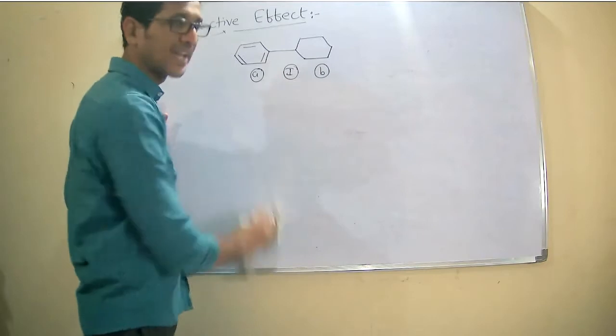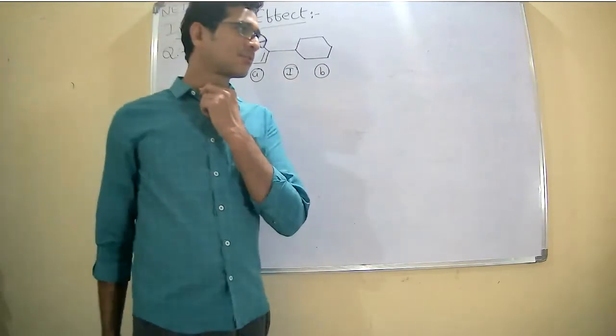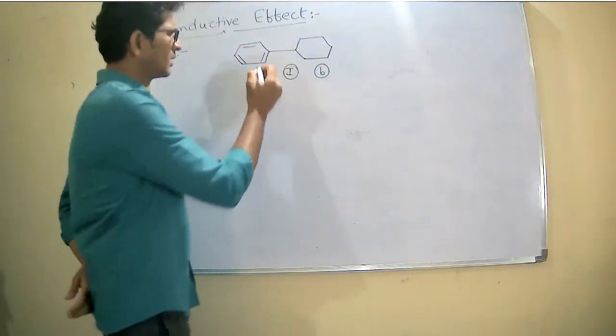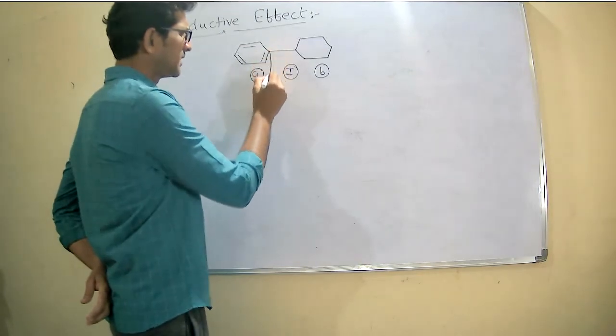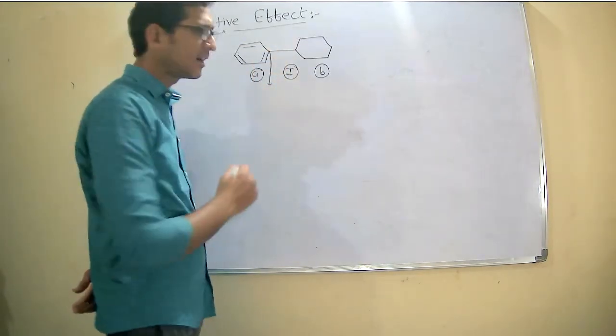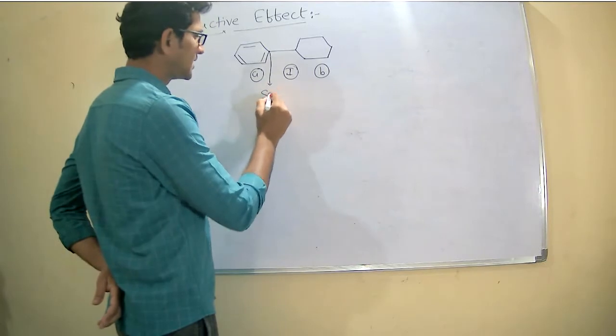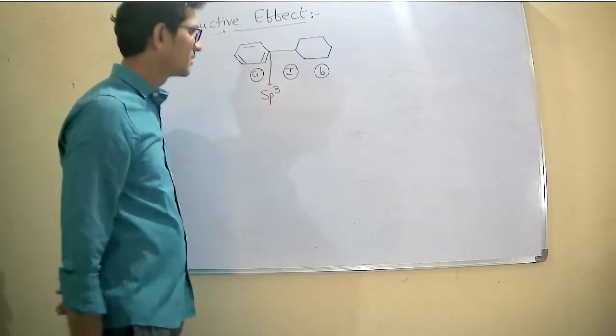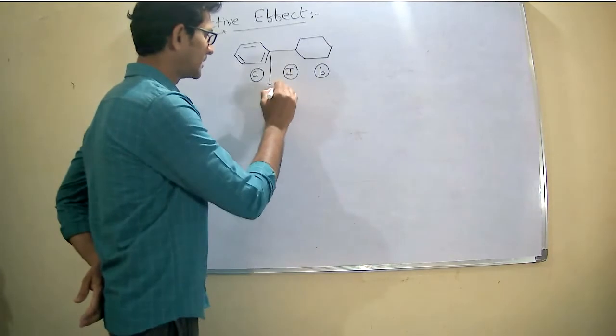In such types of examples, see here, all the carbons of part A are sp2 hybridized.